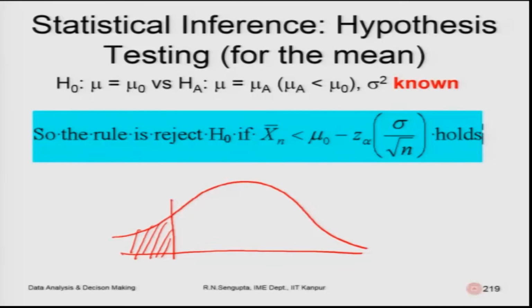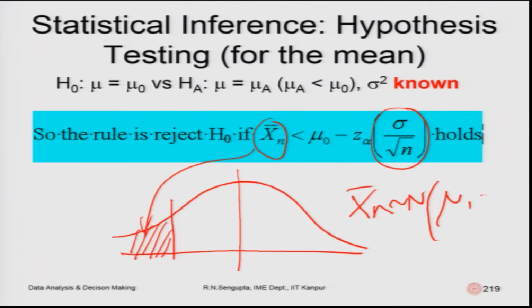So, what you want to do is find the mean value for the sample. If the mean value of the sample is lying on the left hand side, this is H naught which is here, and this value sigma by square root of n is based on the fact that x bar n, which is the mean value of the sample, is distributed normal with mu as the mean or expected value, and the variance being sigma square by n.